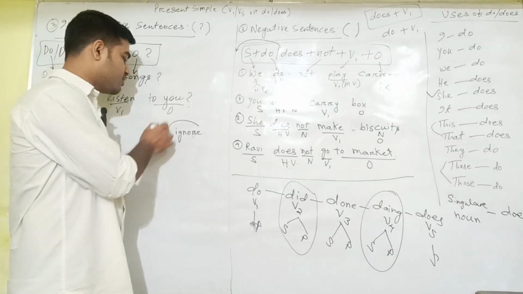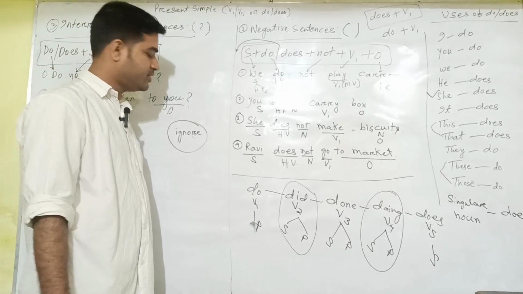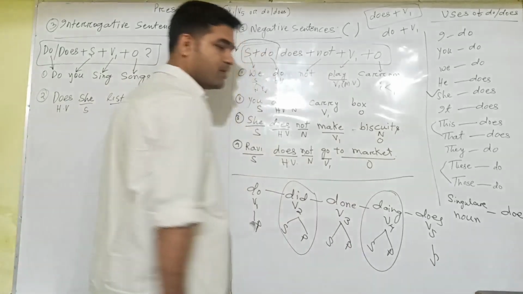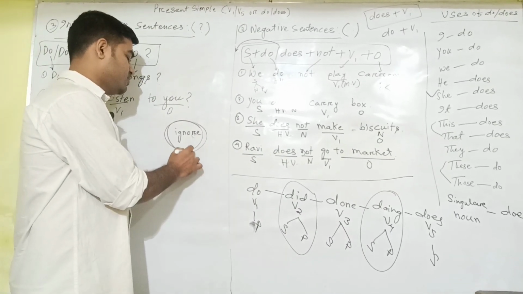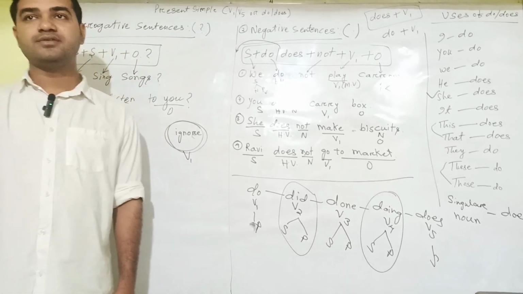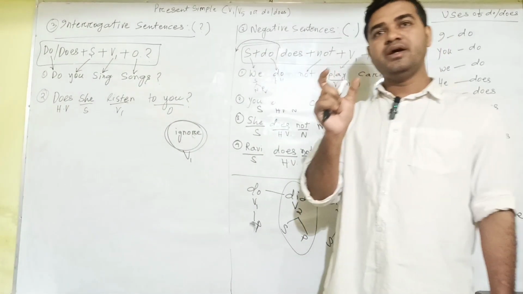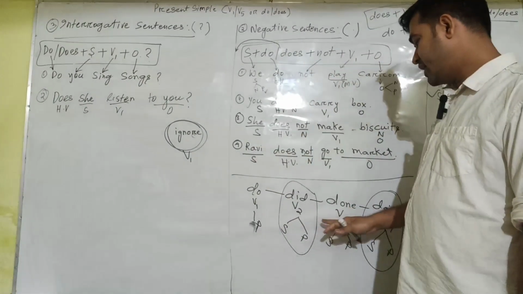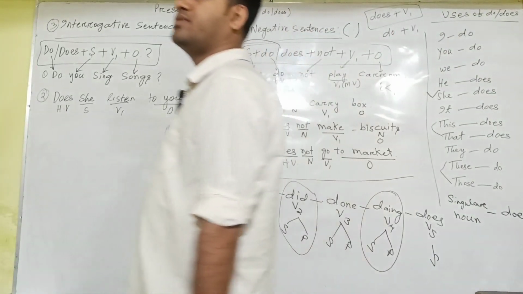If I give you ignore, can I form V2? Ignored. Yeah, that's possible. Ignoring. Yeah, it is also possible. So it's a verb. It can act as a verb. Any word on the planet Earth, if you have a word and we can form the V2 form and V4 form, then it's a verb.